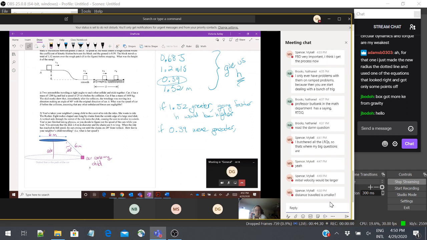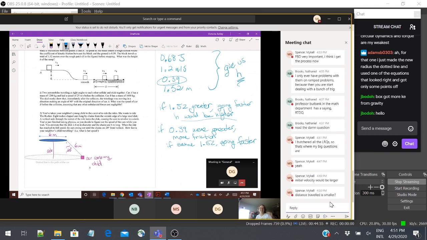Distance traveled is smaller, yes. So this means there would be more friction, so it would travel less. If it traveled the same amount, that would mean it had to be going faster in order for it to stop in that greater distance with more friction, right? So H would be higher.